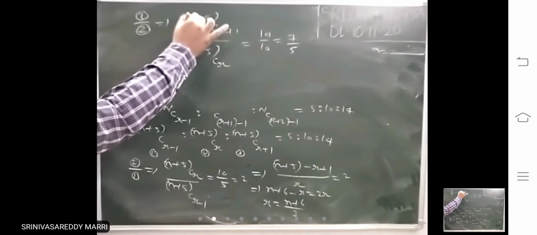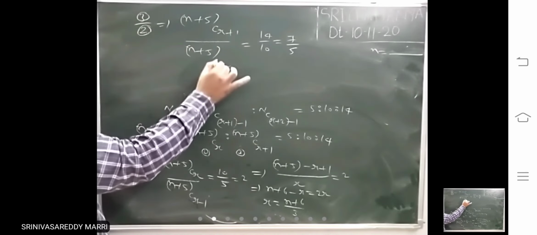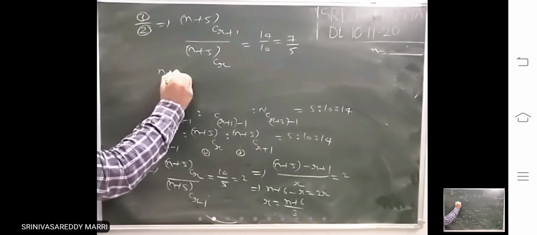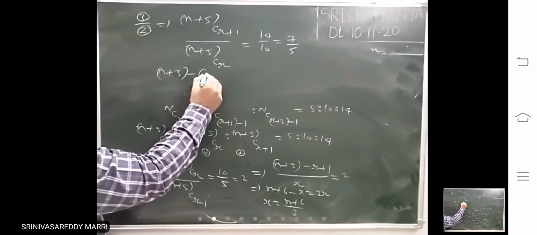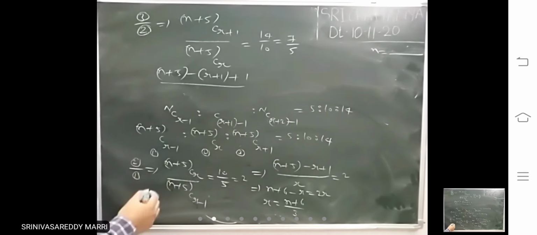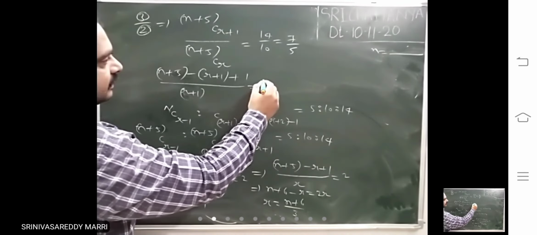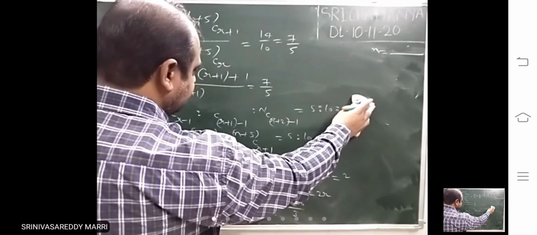Now look, this is nCr divided by nCr minus 1, the minus 1 is there. Now n is n plus 5, r is r plus 1. What is the formula? (n minus r plus 1) divided by r equals 7 divided by 5.